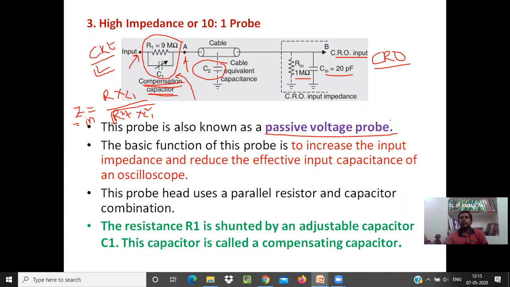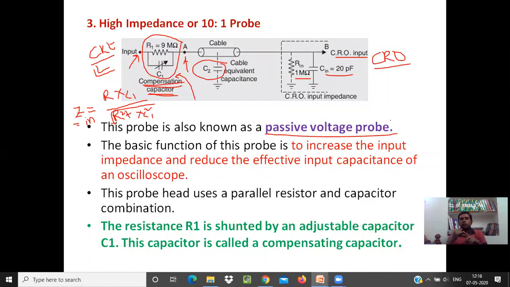Sometimes the examiner may ask you to explain passive probes. In the previous class, I explained that there are basically two types of probes: one is the active probe and the second is the passive probe.